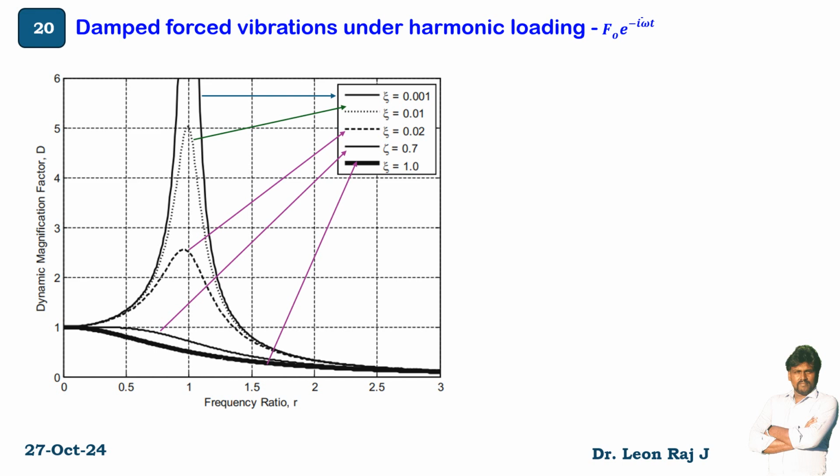So if your damping ratio is equal to 1, this is critically damped, and this is the frequency ratio R equal to 1. R equal to 1. So this is nothing but resonance.